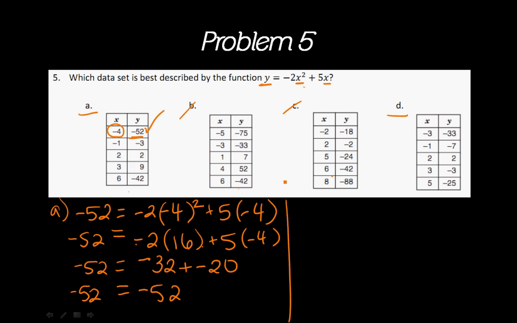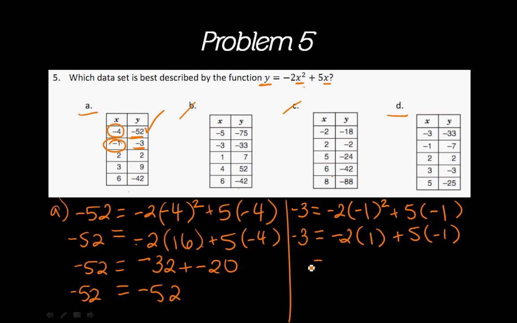Let's try the next point. We have, in this case, negative 3 equals negative 2. And then I'm going to substitute in a negative 1 for my x. So here's negative 1, and here's negative 1. So negative 1 times negative 1 is positive 1. So we have negative 3 equals negative 2, and then 5 times negative 1 is negative 5.